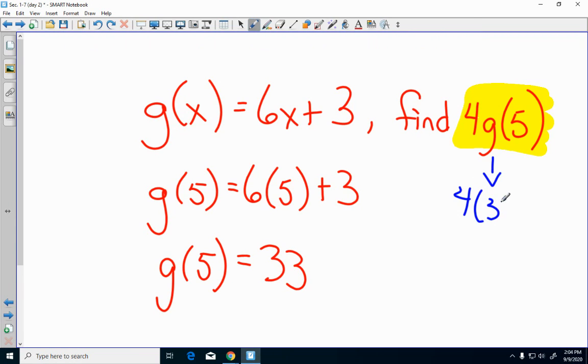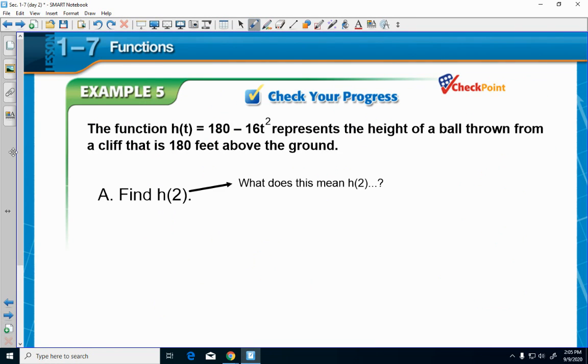Sorry, 4 times 33. And that's an answer of 132. You wouldn't have got that? Oh, don't you remember when we did the distributive property? You could have split 33 into 30 and 3. 120 plus 12. All right. Last one.